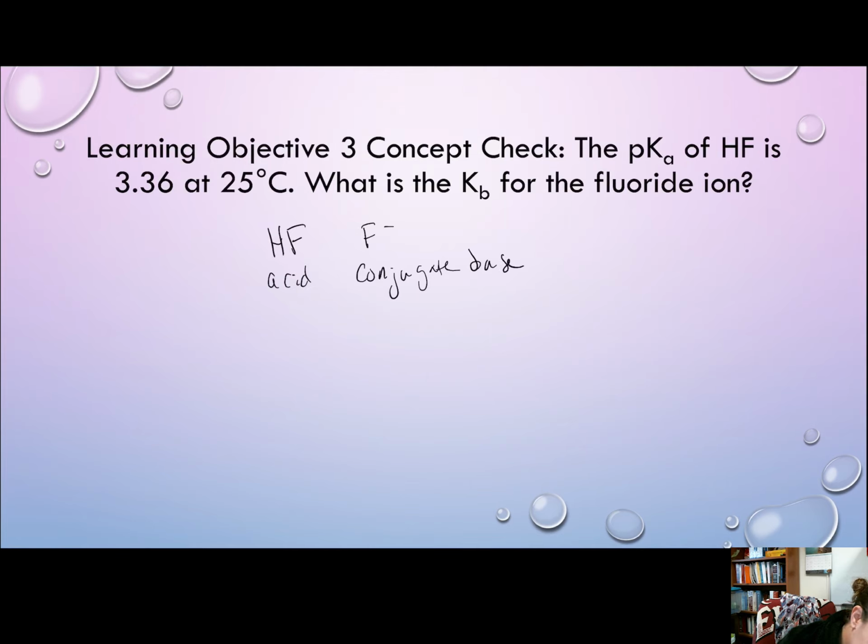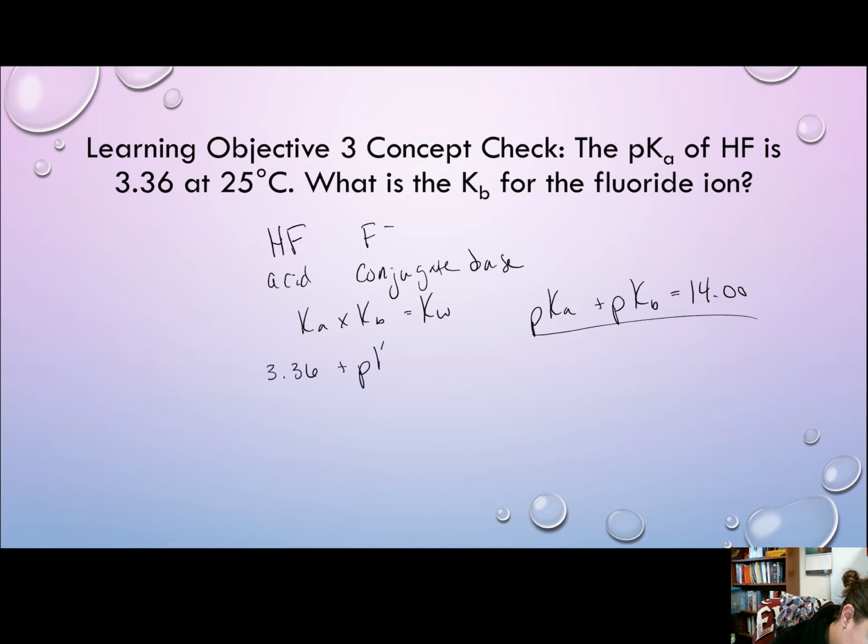So we know that Ka times Kb would give us Kw in this case, or pKa plus pKb is equal to 14. Either one will work. So I'm actually going to start here where my pKa is 3.36, and I'm going to solve for my pKb, and I get a pKb equal to 10.64.